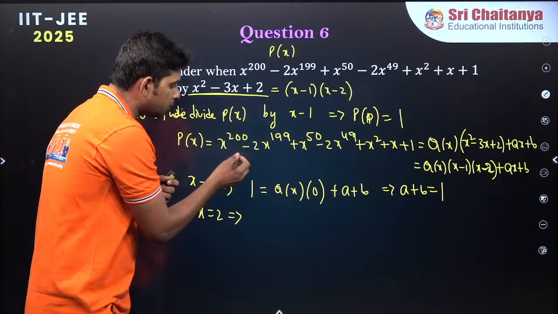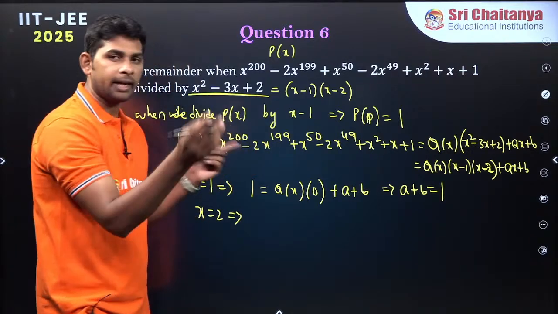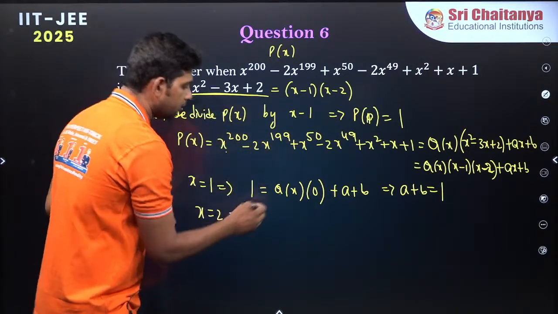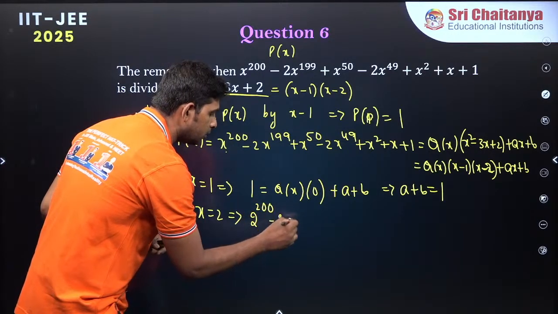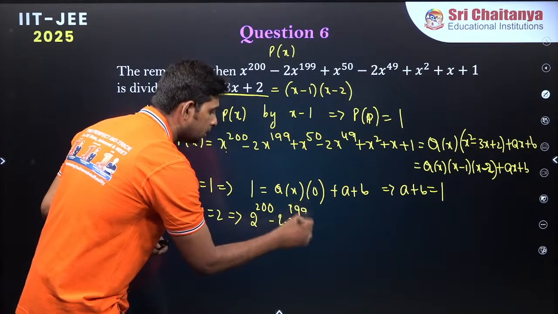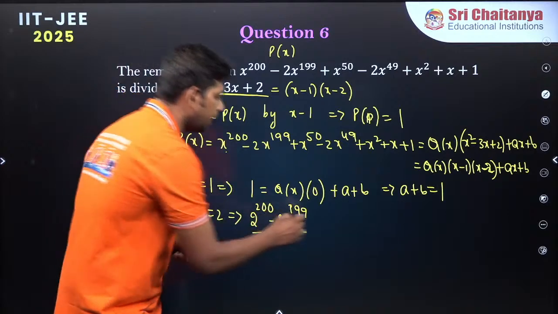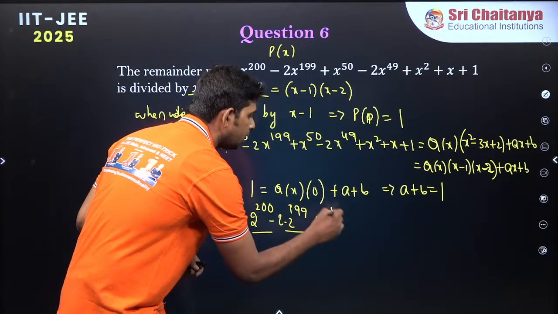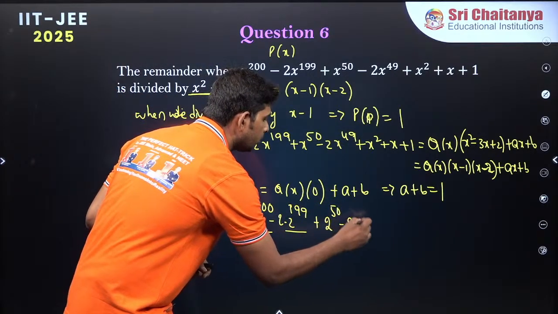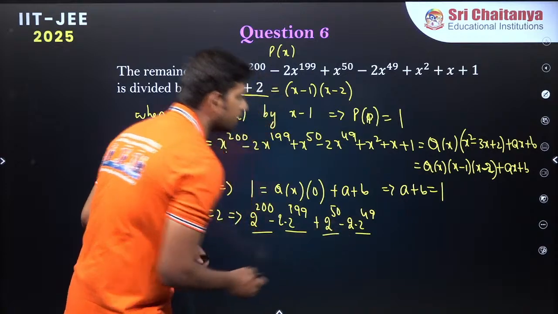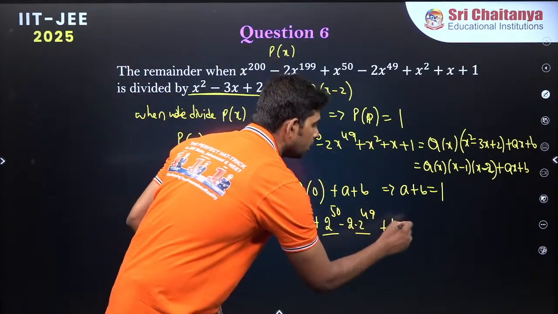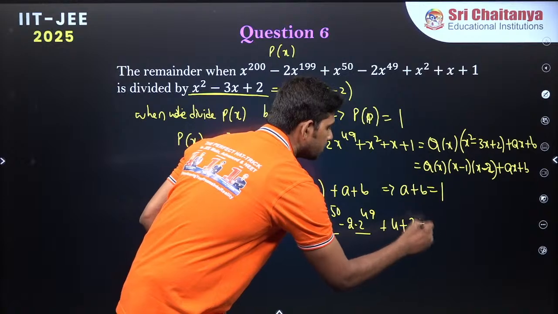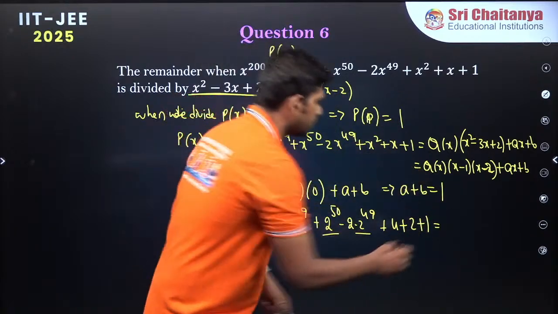The 2 power 200 terms get cancelled. Again, 2 power 50 minus 2 into 2 power 49, these two are also getting cancelled. Then we are just left with 2 square, that is 4, plus 2 plus 1.